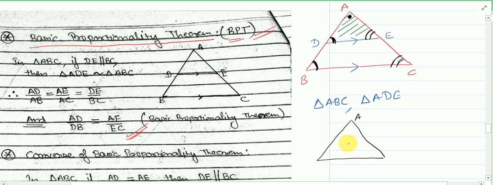Let me draw separately. You observe triangle A, B, C and one triangle A, D, E, okay. So this A is common and here corresponding angles.